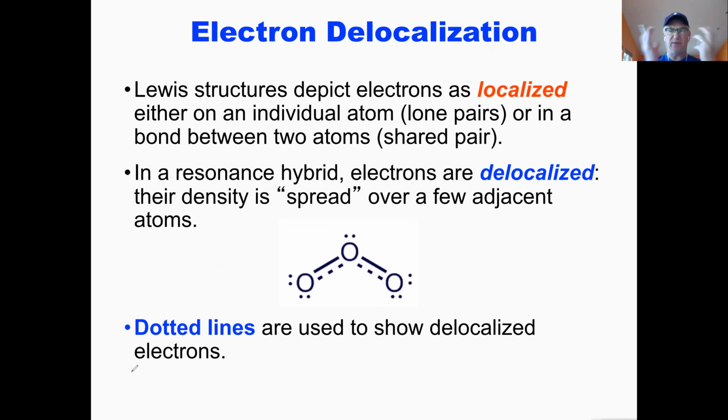So basically, we've been thinking that electrons are always going to be associated either with one atom or shared with another one. Now, delocalized electrons are sort of spread over a few adjacent atoms. And we use dotted lines like this to represent them.